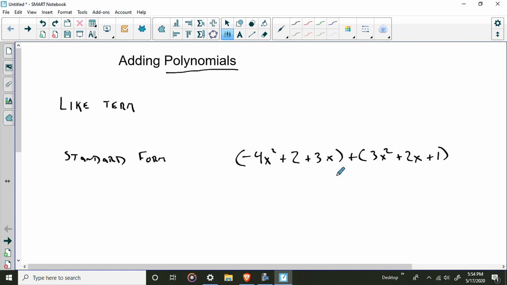If you look real close, these are in different orders. This has the squared, then the constant, then just an x. Here we have a squared, then just the x, and the constant last.